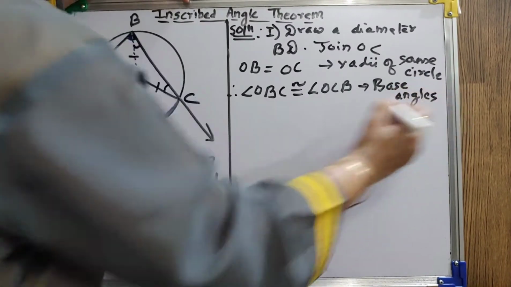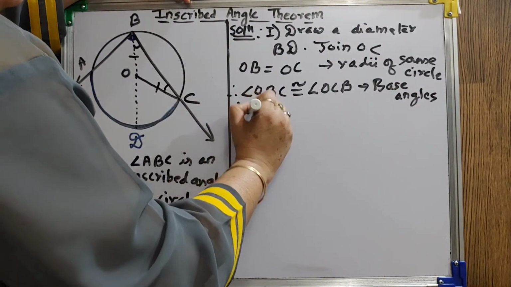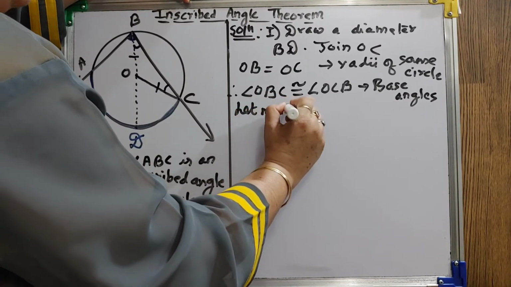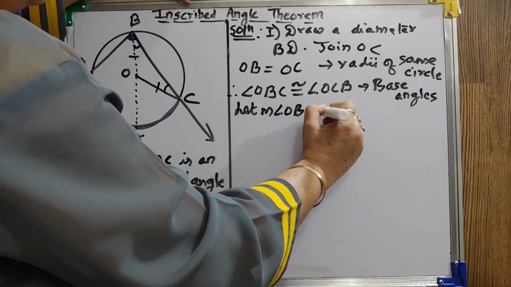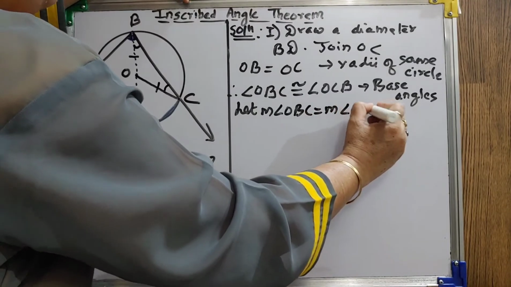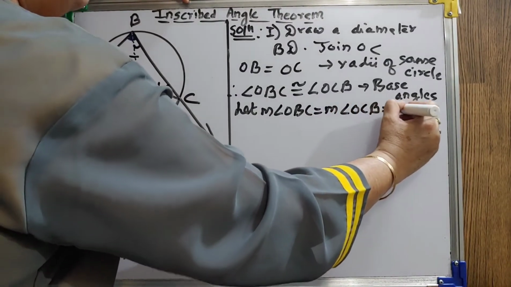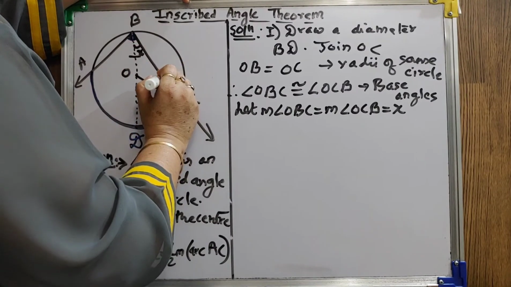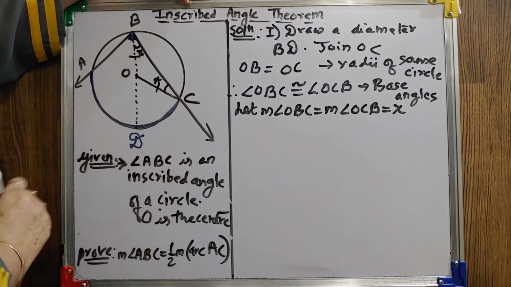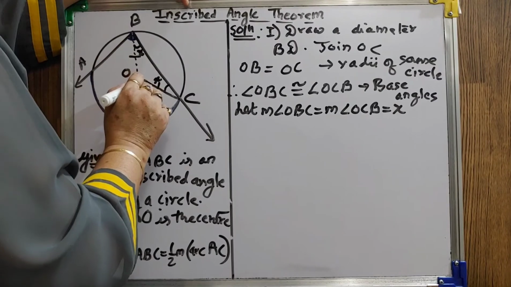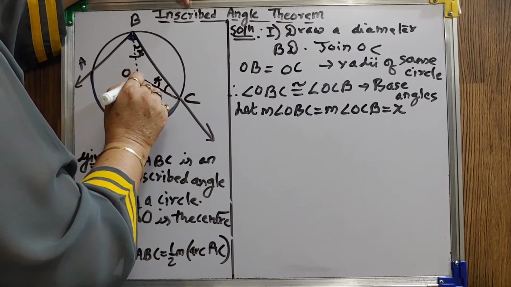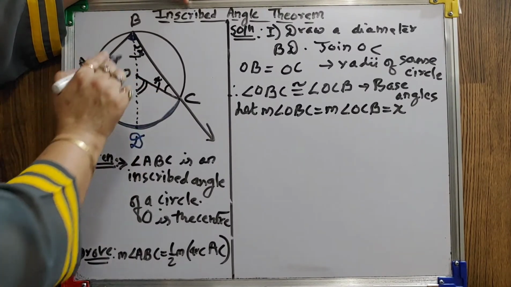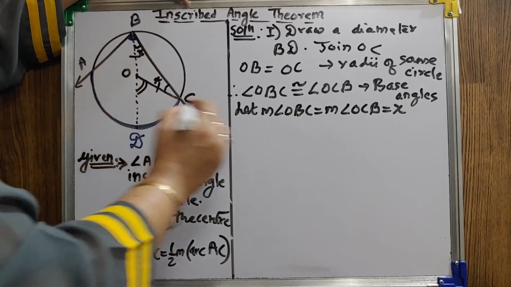They are base angles. Let the measure of angle OBC equal the measure of angle OCB, that is equal to x. So if I am considering this x, this is also x. Now for this triangle, this angle is an exterior angle, and these two are remote interior angles.